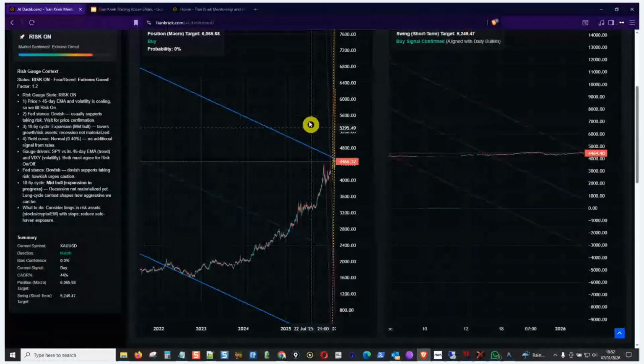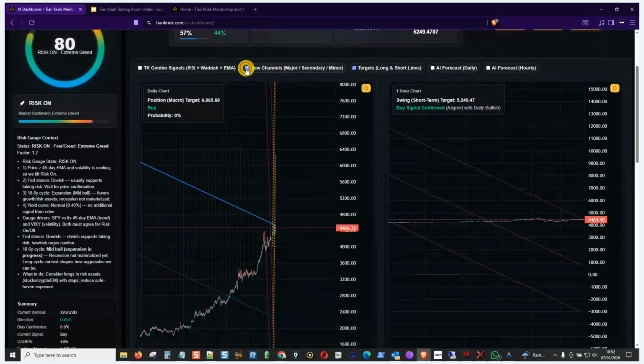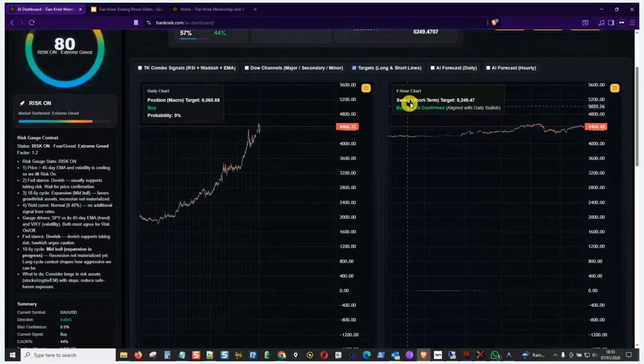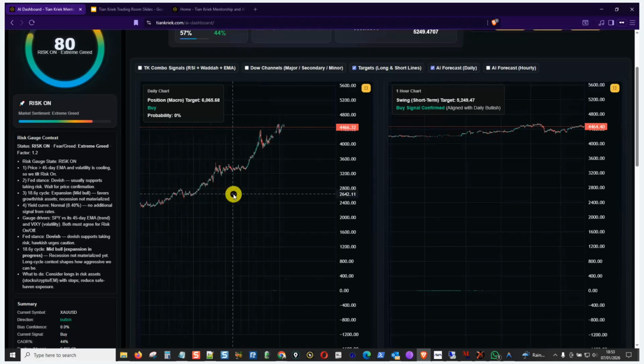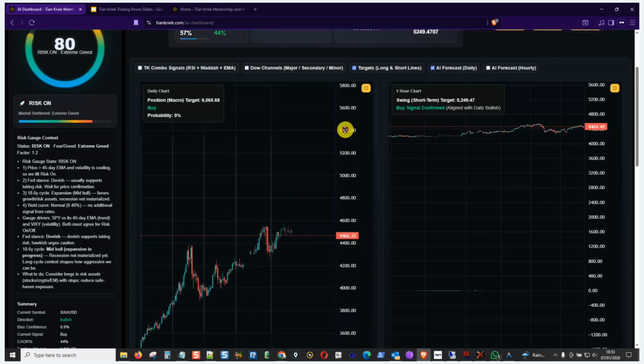I can't really make out what's going on in that chart. Let's take off the trend lines and load the AI forecast. Looks like it's going to consolidate a bit, but I'm quite intrigued to see that there is a buy signal with a target at 5,249.